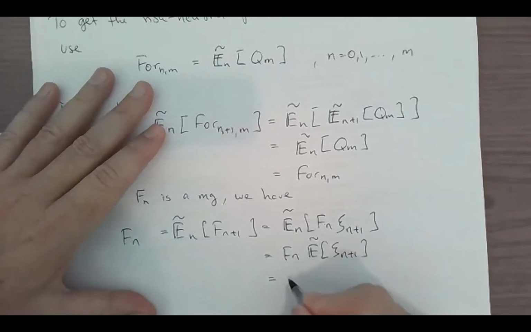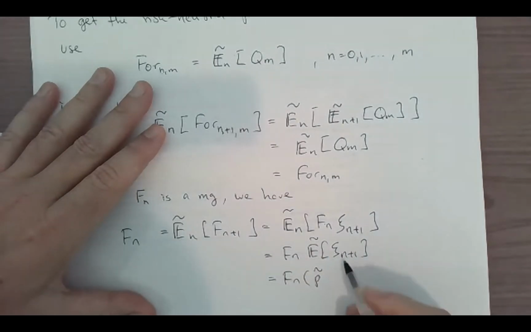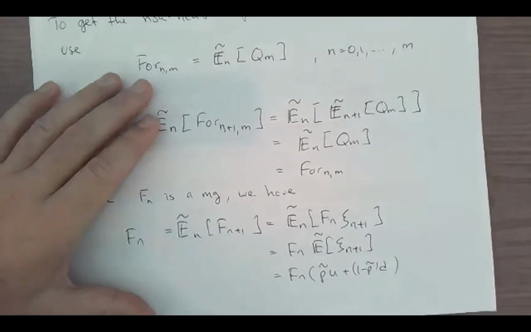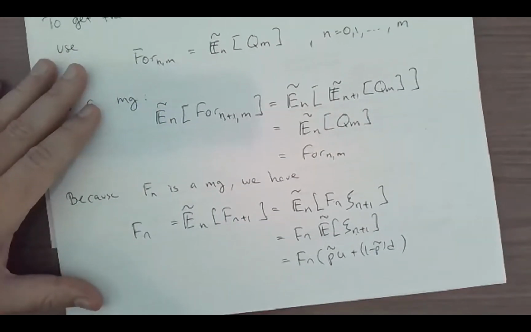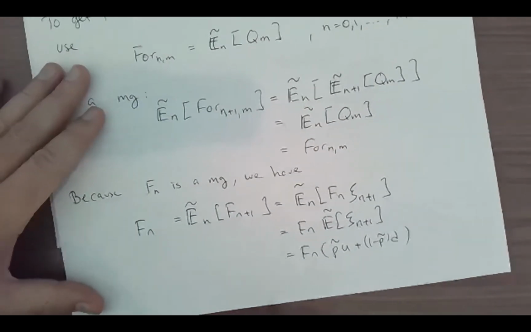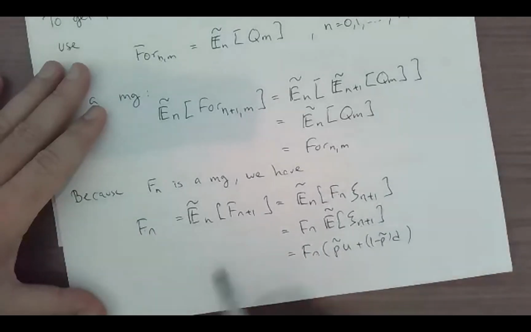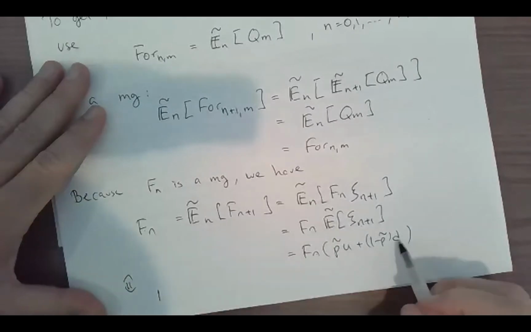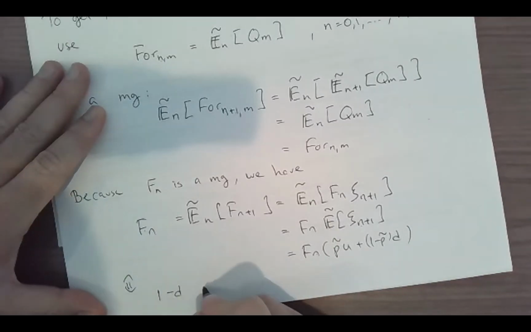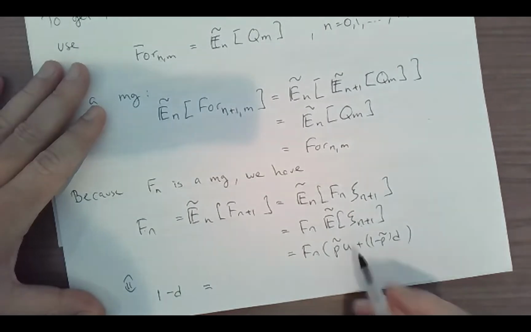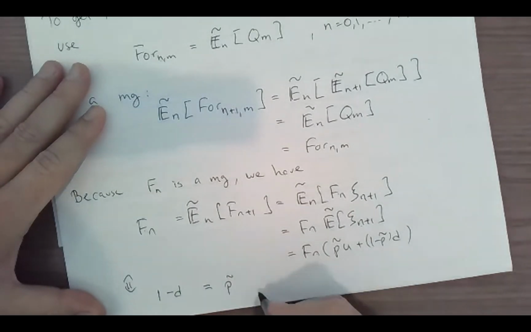And so we get Fn times P tilde, and then the coin flips, this was U and D. Right, so we have Fn here, they will cancel out. We're gonna get that 1 minus D is equal to P tilde times U minus D.